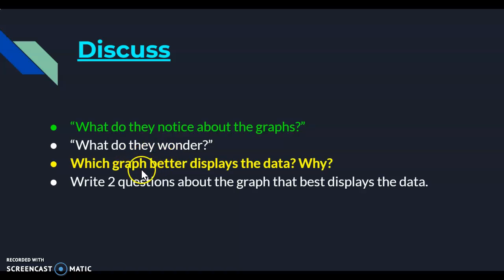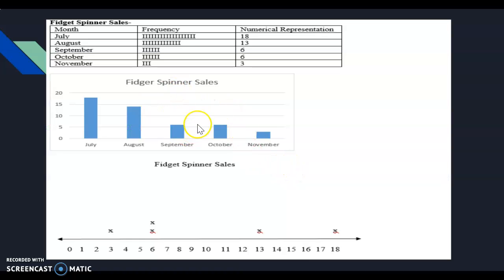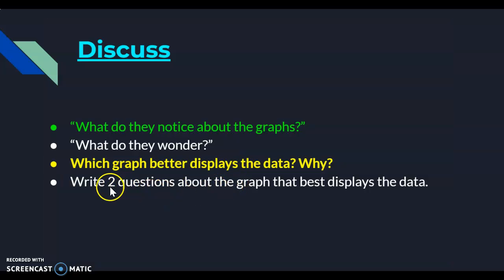What do you wonder about it? Which graph better displays the data and why? Go back and look at it. Which one of these do you think better displays the data, and why do you think that? I also want you to write 2 questions about the graph that best displays the data. Write it in your notebook, and for our live session, we're going to talk about it.